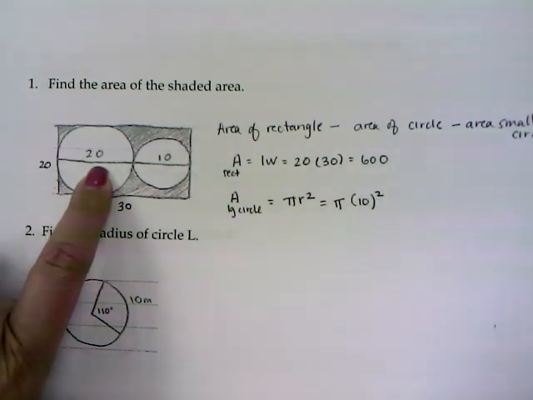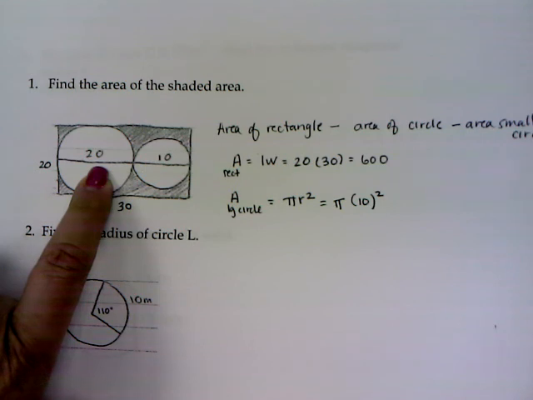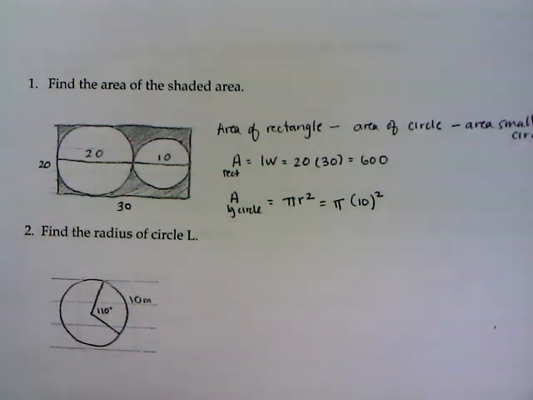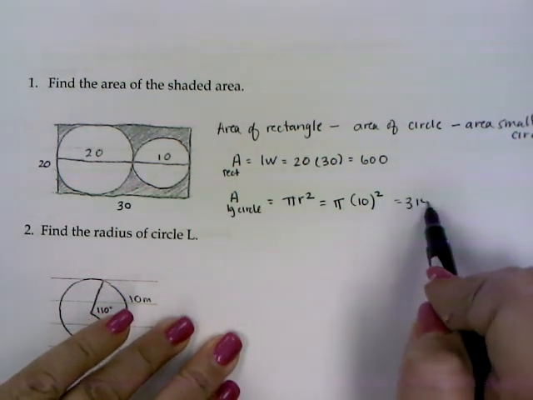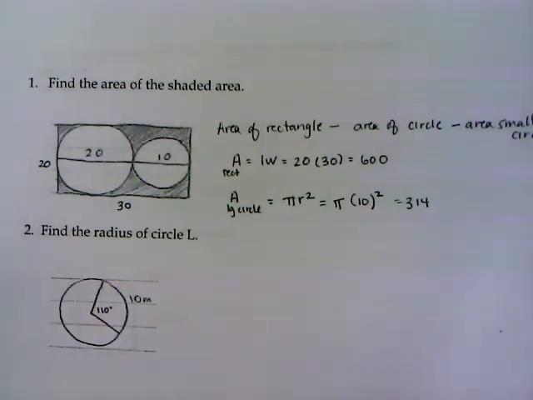So it's going to be squaring the radius. It does not matter whether you use pi or whether you use 3.14. I typically use 3.14. So I get 314 squared, whatever it is.